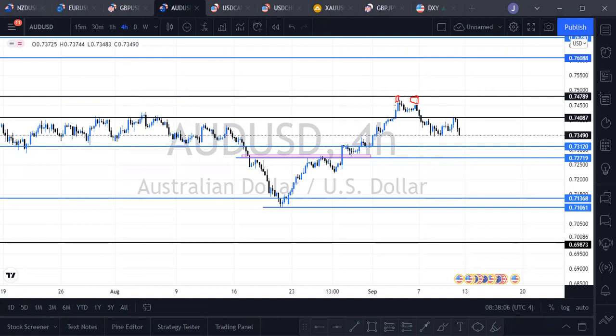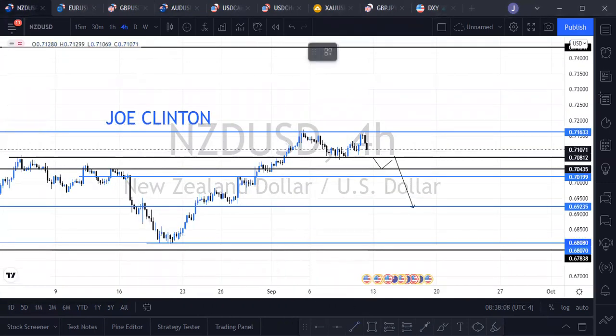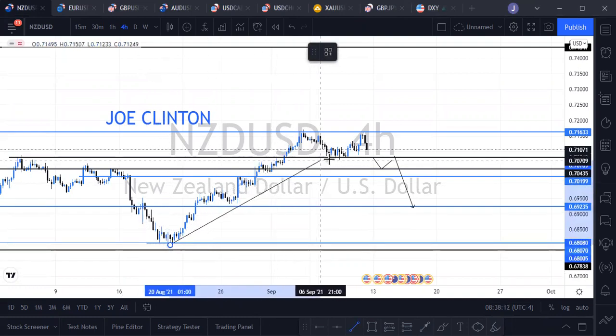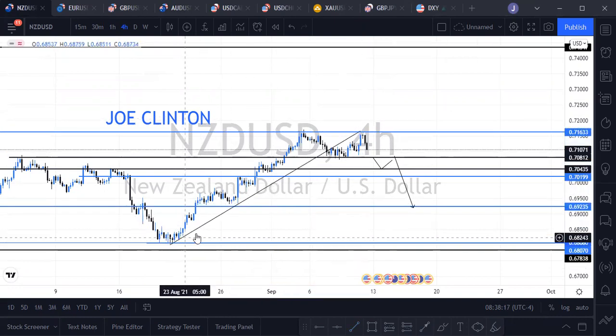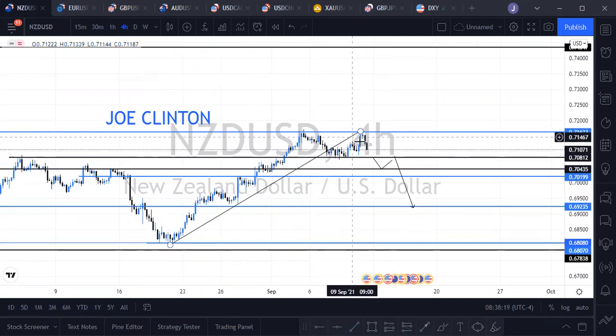Now, let's go back to NZD USD and make use of the trend line. You'll see that both of them are having a similar look. This is 4 hours. We make use of our trend line here. We'll see price respected the trend line, then broke out, came back and retested it at this point.